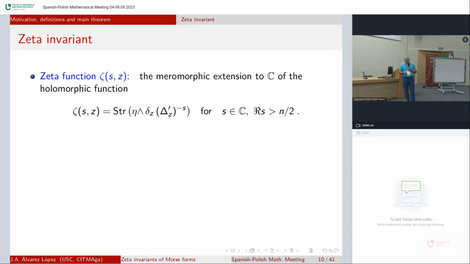And so this preserves the degree, because the codifferential decreases the degree by 1, and multiplication by eta increases it again. And we take the supertrace, but this is only defined in this way when the real part of s is greater than half of the dimension.